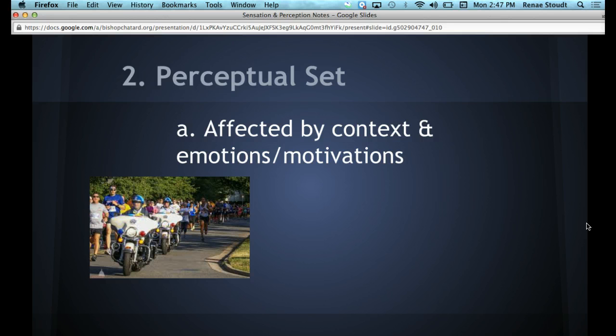When you run up a hill at, for example, mile 20 in a marathon, that hill is going to seem enormous, right? Whereas if you are just on a nice little walk, or in your car, you think, this hill's no big deal. Why are you complaining? It's such a big hill, right? So your perceptual set will be affected by the context of how you encountered that hill, but it'll also be affected by your emotions and motivations.